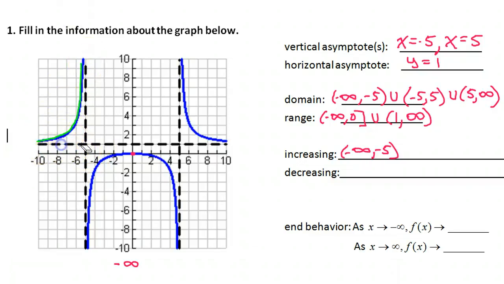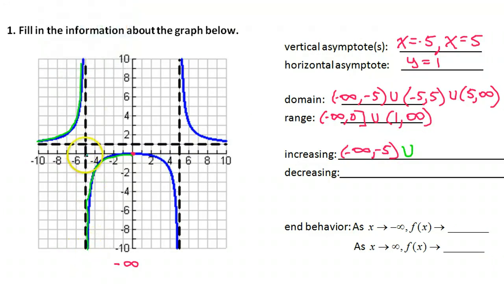Now we have another increasing part of the graph. From left to right, increasing right here, but it's only increasing for this part of the graph. From here to here, that's increasing. After that, it starts going downhill. So another increasing part, so let's throw a union on that.